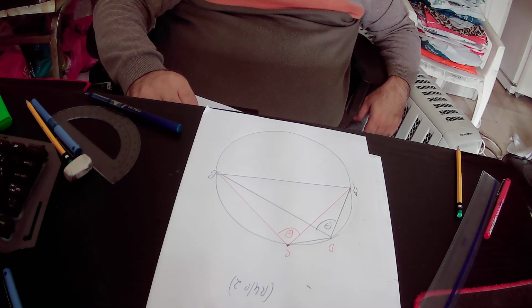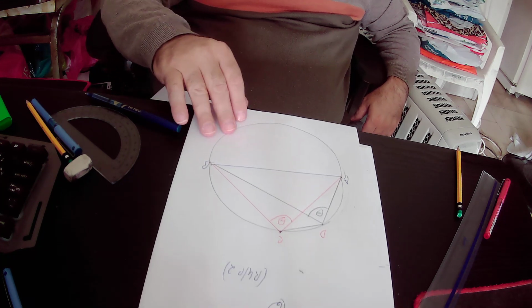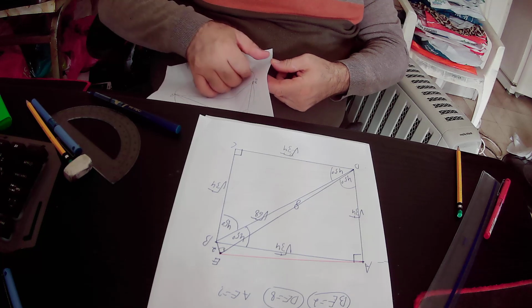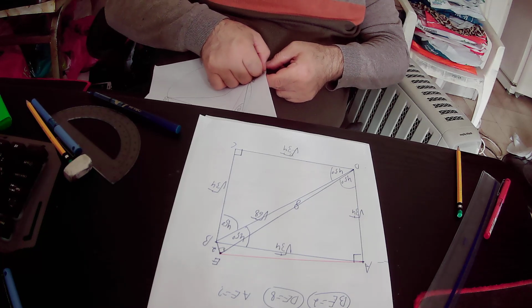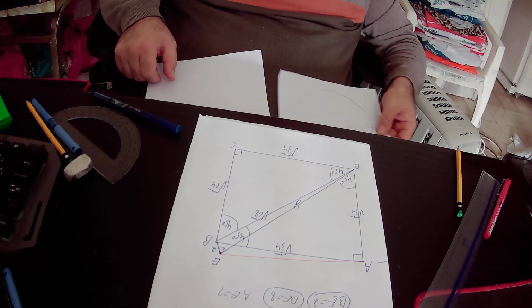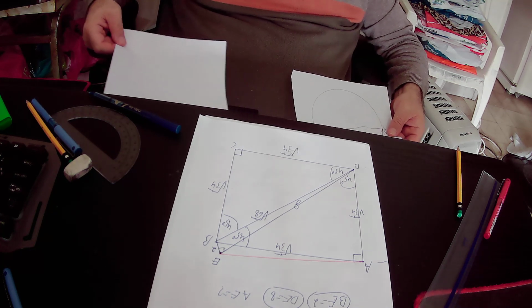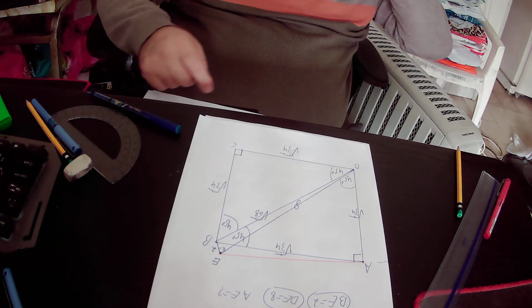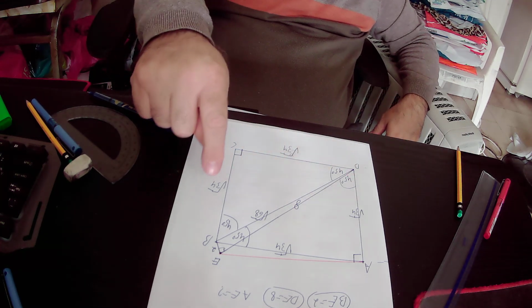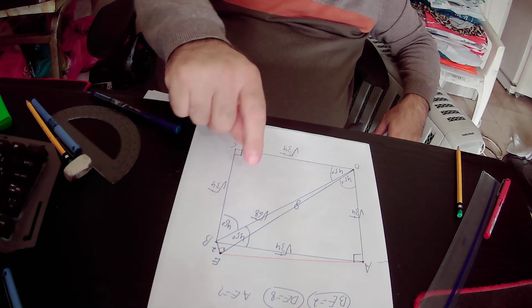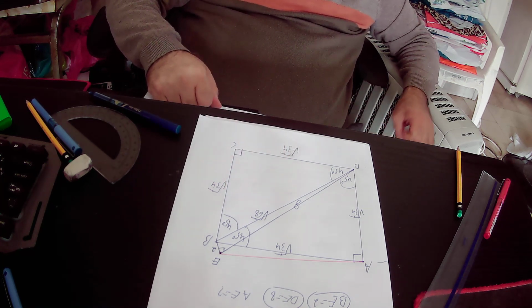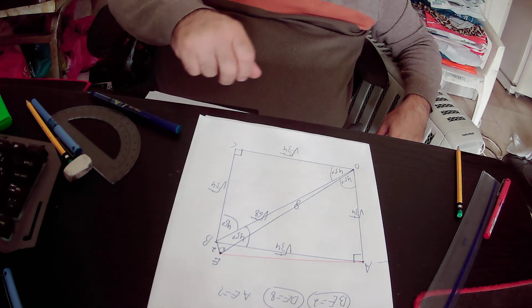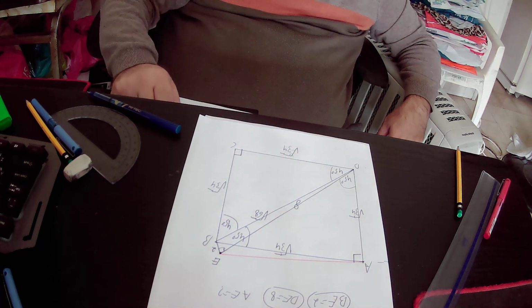Now we will implement rule number 2 in our drawing. In our drawing, we have two equal angles, angle DAB and angle DEB. They are both equal to 90 degrees, and they both subtend on line segment DB.